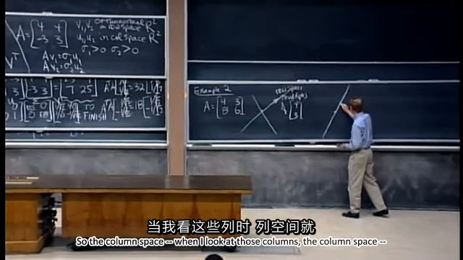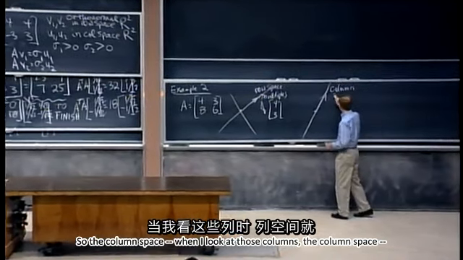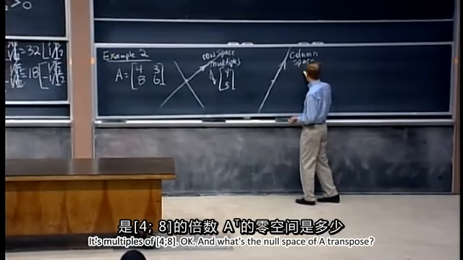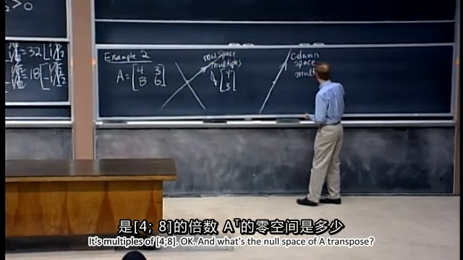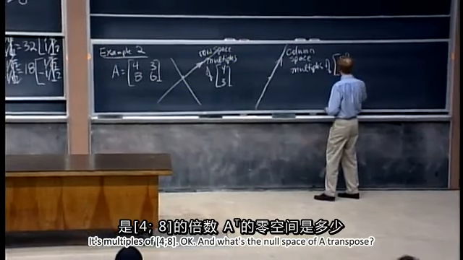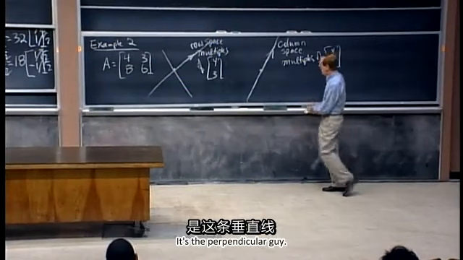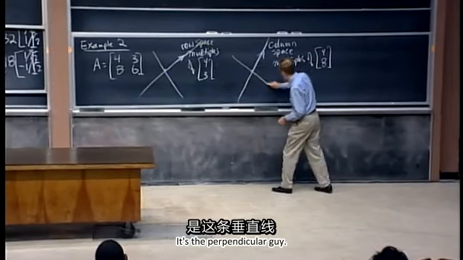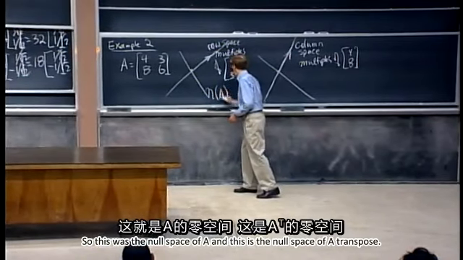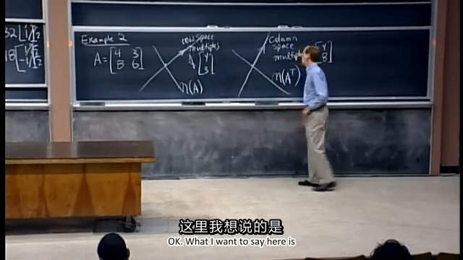When I look at those columns, the column space is only one-dimensional because the rank is 1. It's multiples of 4, 8. Okay. And what's the null space of A transpose? It's the perpendicular guy. So this was the null space of A, and this is the null space of A transpose. Okay.